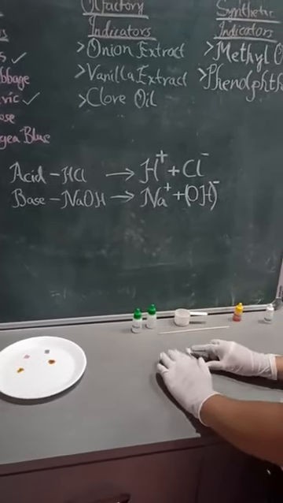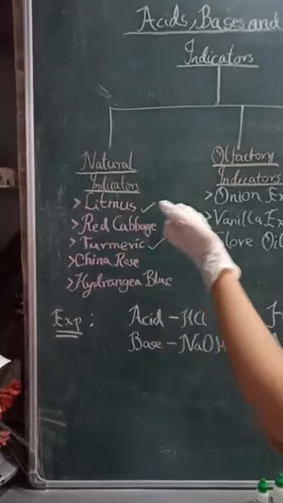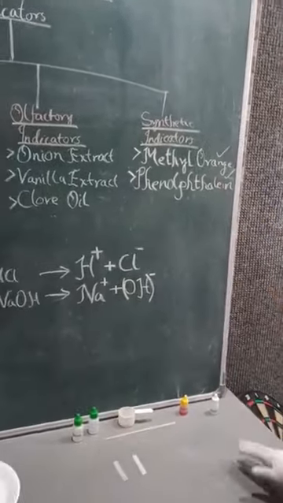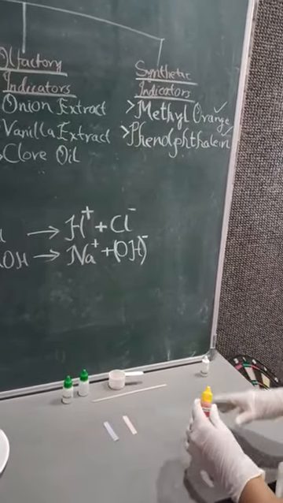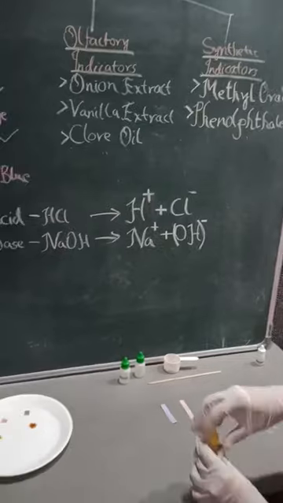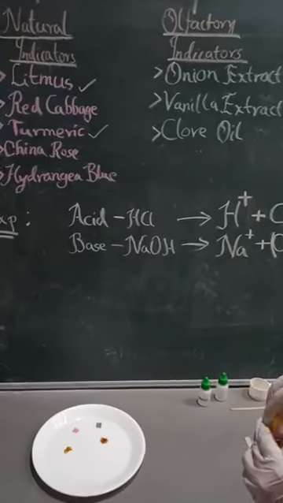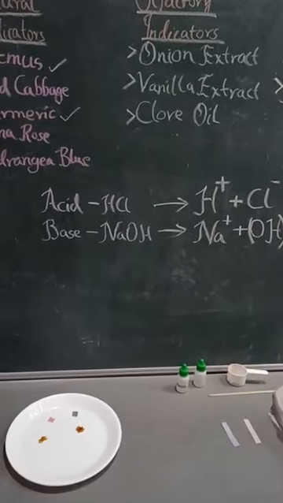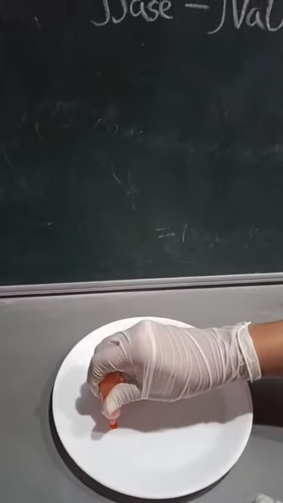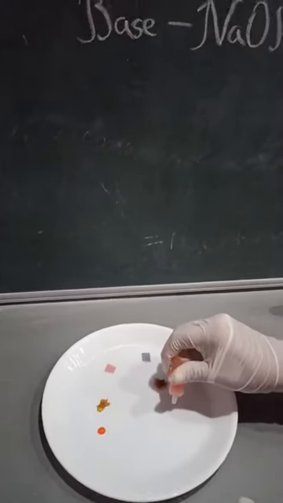See, it is now much more visible. Now that I've tested all the natural indicators, I will start with the synthetic indicators. The first one is methyl orange. First we will put small droplets of methyl orange. One or two drops is enough for the experiment.